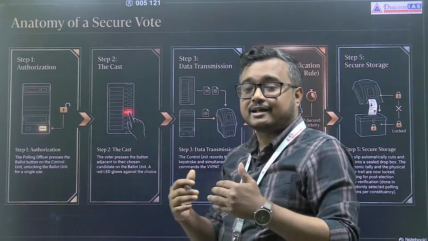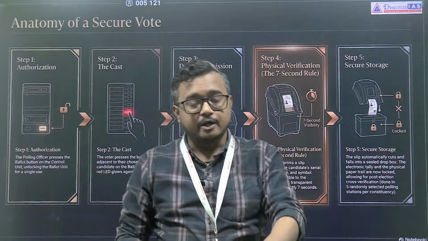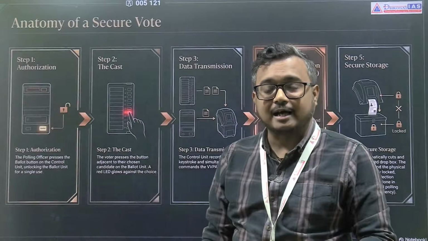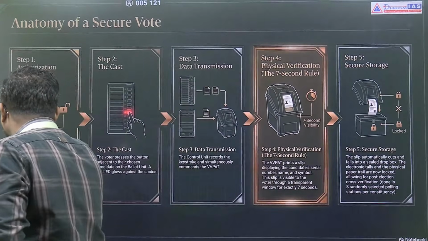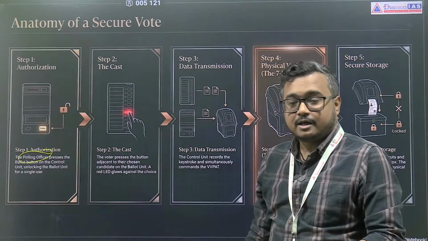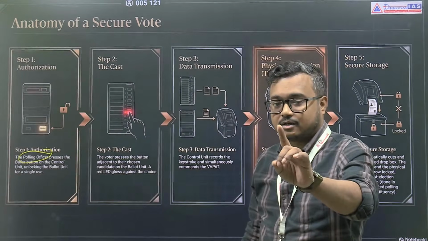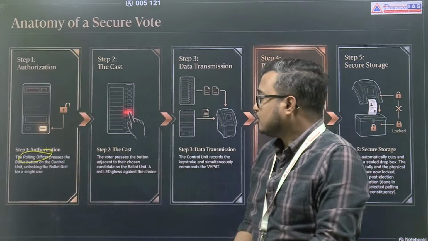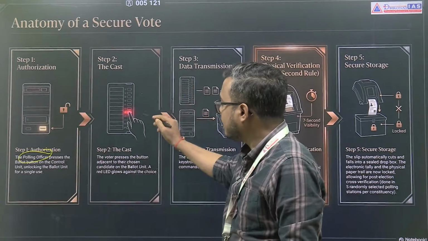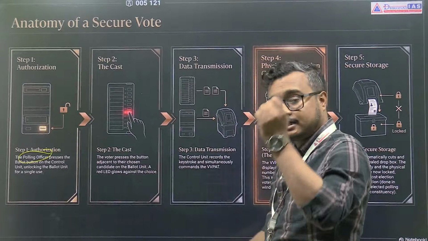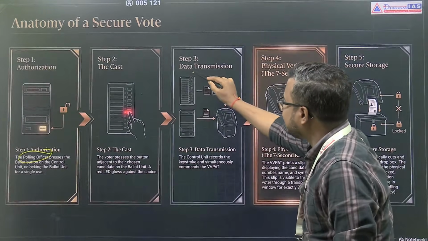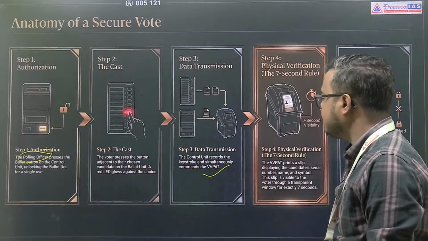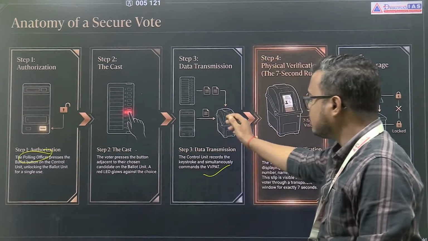Whenever you enter a polling booth, your name will first be marked, you will have ink on your finger, and then the polling officer will press the ballot button. It will unlock it for one time use only. So for every voter, the polling officer has to initiate the process. He will press a button that turns red, and you will hear a sound, and then the data will be transmitted from the ballot unit to the control unit.